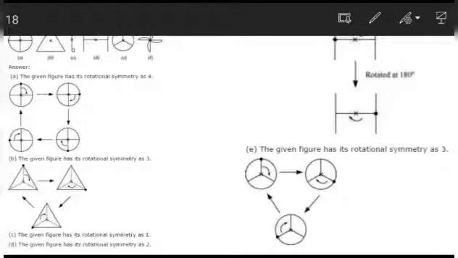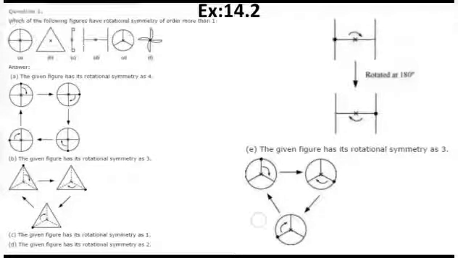Okay students, so let us now start with question number E. As you can see, this question gives you again one figure, which has a similar shape as the first one, but the difference between the two is this. The first figure was circular, having 4 equal parts.